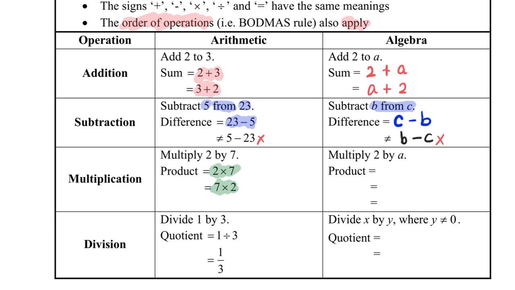Okay, and we shall apply this over to algebra, but there's a catch. 2 times a is the same as a times 2, and we don't leave it as it is now in algebra, so we will write it as 2a.